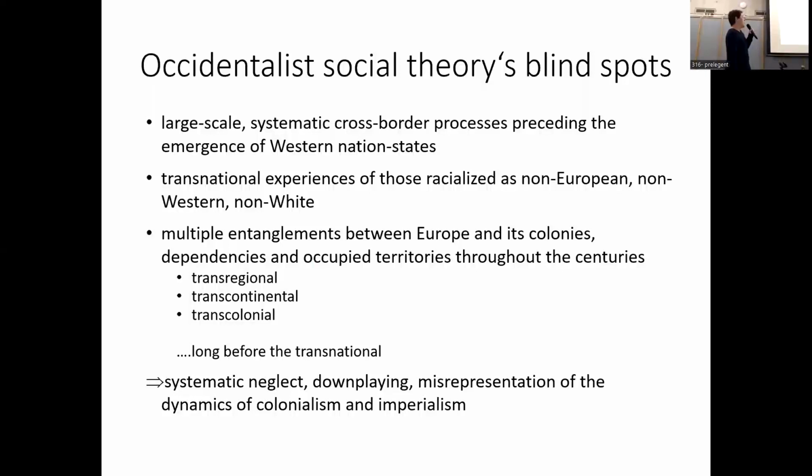Also, a kind of theory that disregards the transnational and transregional experiences of those increasingly racialized as non-European or non-Western or non-white or all of the above, and one that disregards the multiple entanglements between Europe and its colonies, dependencies, and occupied territories throughout the centuries.